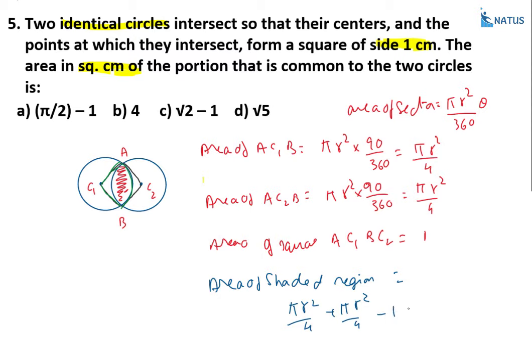And next, what is the radius? Radius is equal to 1. Now this is equal to pi by 4 plus pi by 4 minus 1, that is equal to 2 pi by 4 minus 1, that is equal to pi by 2 minus 1. So what is the answer? Answer is option A.